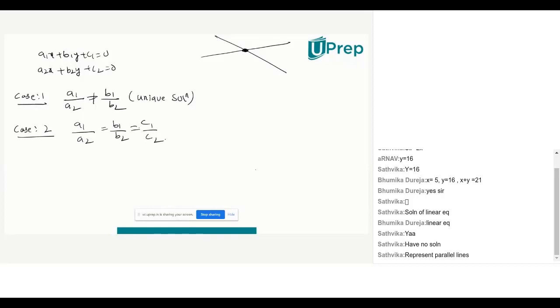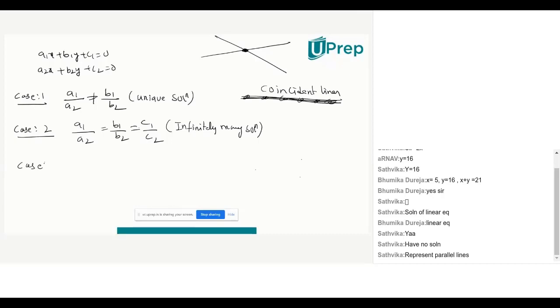Both are representing the same line. One lies on the other. They are called coincident lines. So coincident lines means there are an infinite number of points on them. That's the reason why this is a condition for infinitely many solutions.